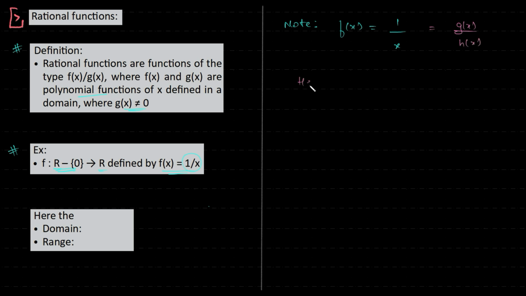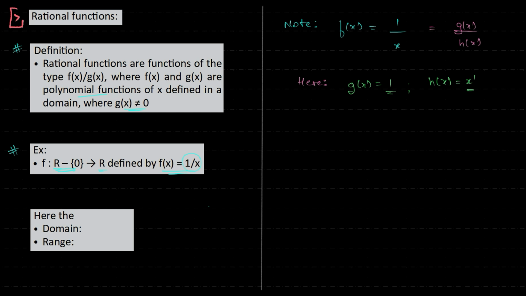Here our g of x is 1 and h of x is equal to x to the power of 1. So you can see this is a polynomial. This also is a polynomial, right? It's a constant but still a polynomial.